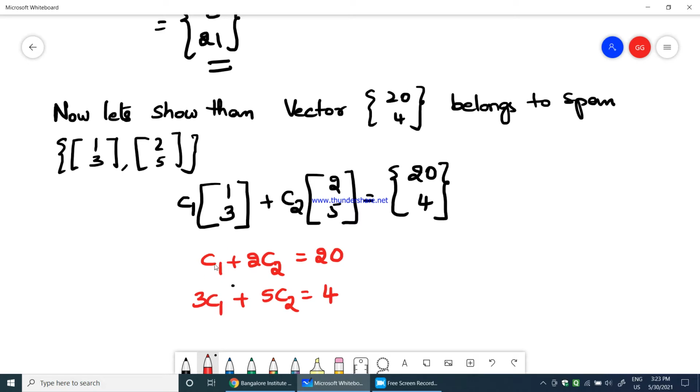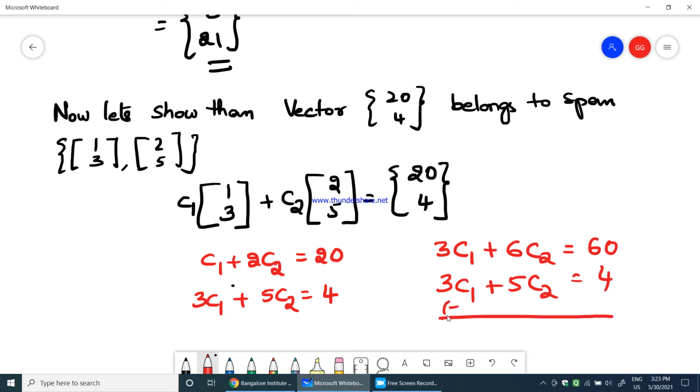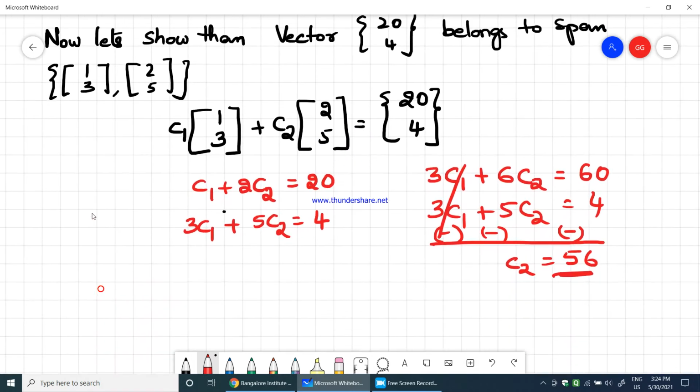I'll multiply the first equation by 3, and I get 3c1 plus 6c2 equals 60, whereas the second equation is 3c1 plus 5c2 equals 4. If I subtract, c1 goes off, and I end up with c2 equal to 60 minus 4, which is 56.